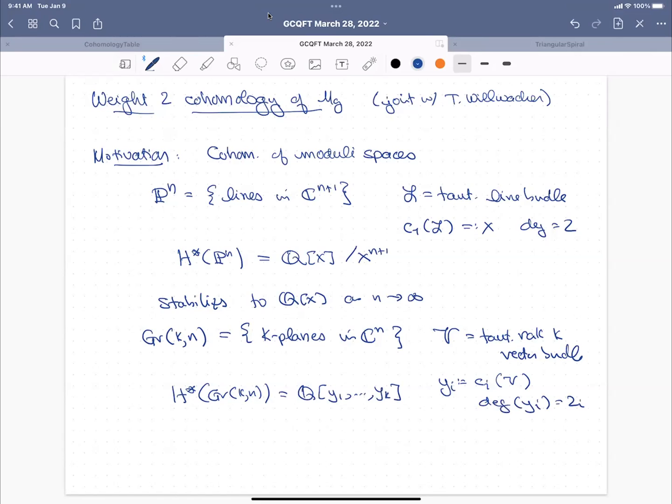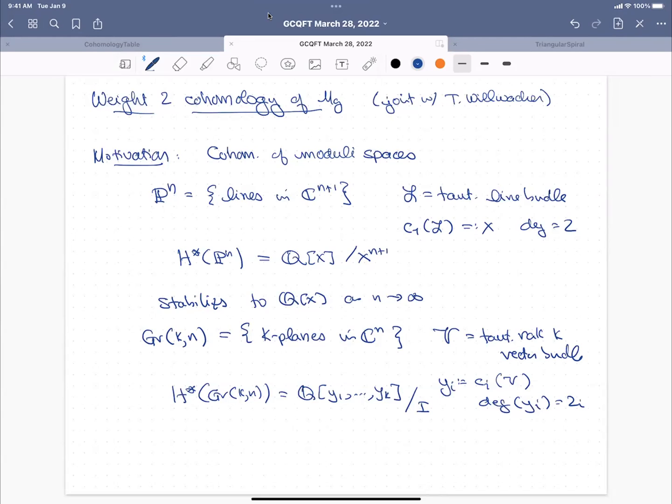And there are some relations, and well, some of the relations come from dimension, but in fact, you can understand all of the relations by observing that the tautological bundle sits in a short exact sequence where the center term is a trivial bundle. And so since the Chern classes of that center bundle are trivial, that gives some relations on these Chern classes.